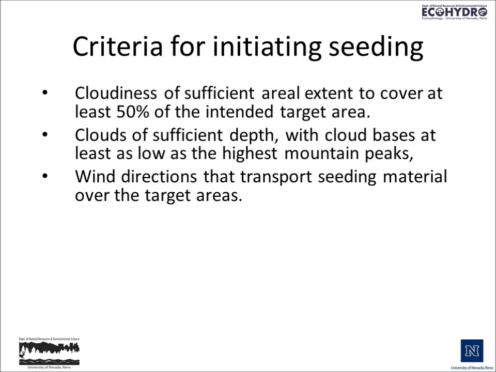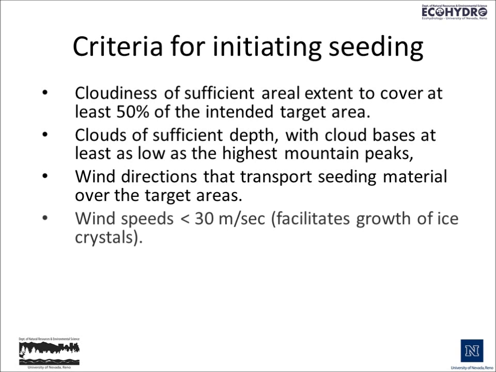So for distributing silver iodide, we want the wind to carry the crystals into the target areas, so that we have nucleation and condensation occurring in the areas where we want the rainfall to eventually land. The wind speeds can't be very high. 30 meters per second is the upper threshold, and that's partly because this facilitates the growth of ice crystals.